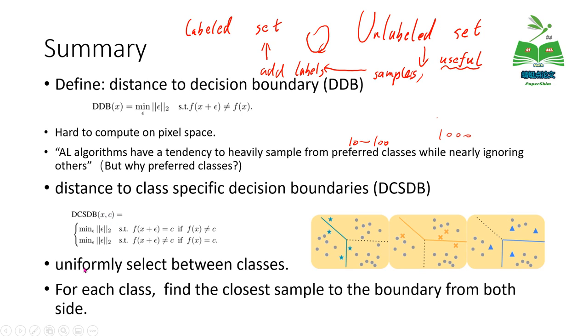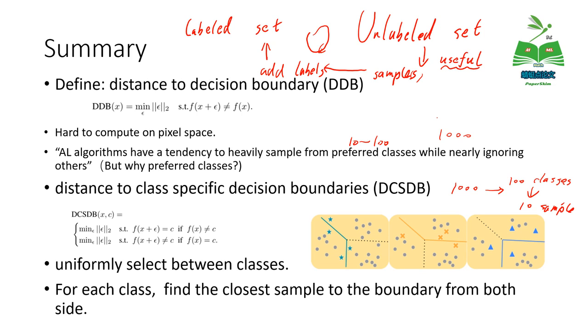First, we need to make sure the samples are uniformly selected between classes. So for each class, we will select some examples. For a new batch, we need to select 1,000 images. Then with something like 100 classes, for each class we will select 10 samples.